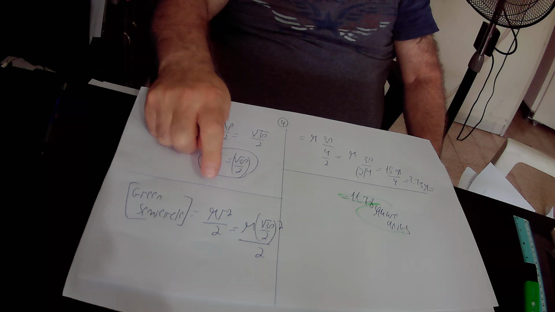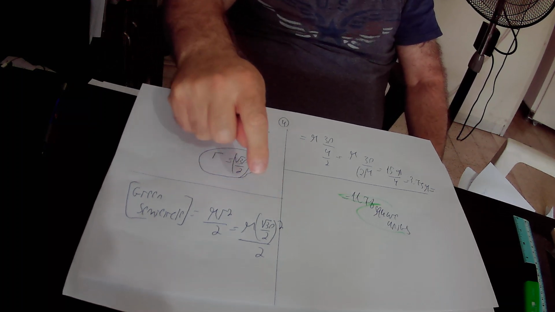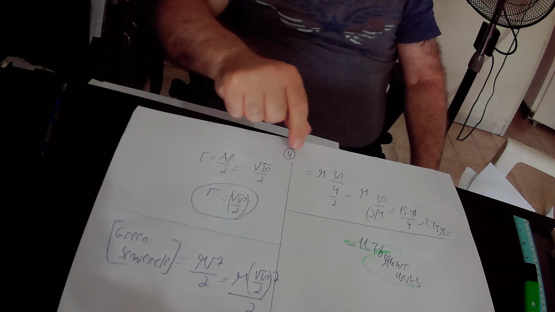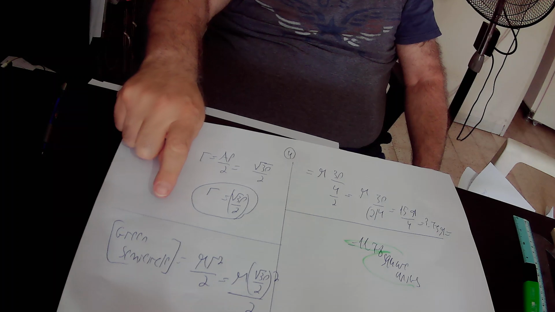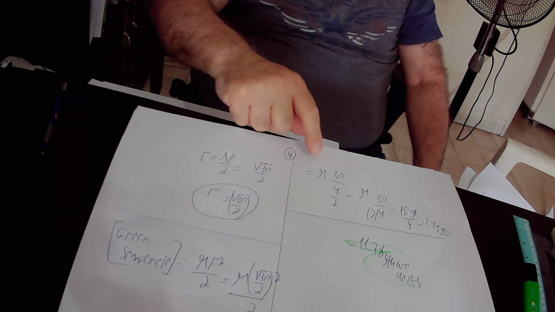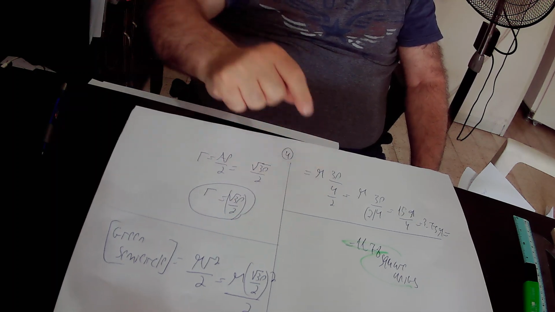R equals the square root of 30 over 2, therefore r squared equals the square root of 30 over 2, squared. We open the brackets and find that the area of the green semicircle equals pi times the square root of 30 squared, which is 30, over 2 squared, that is 4, divided by 2.